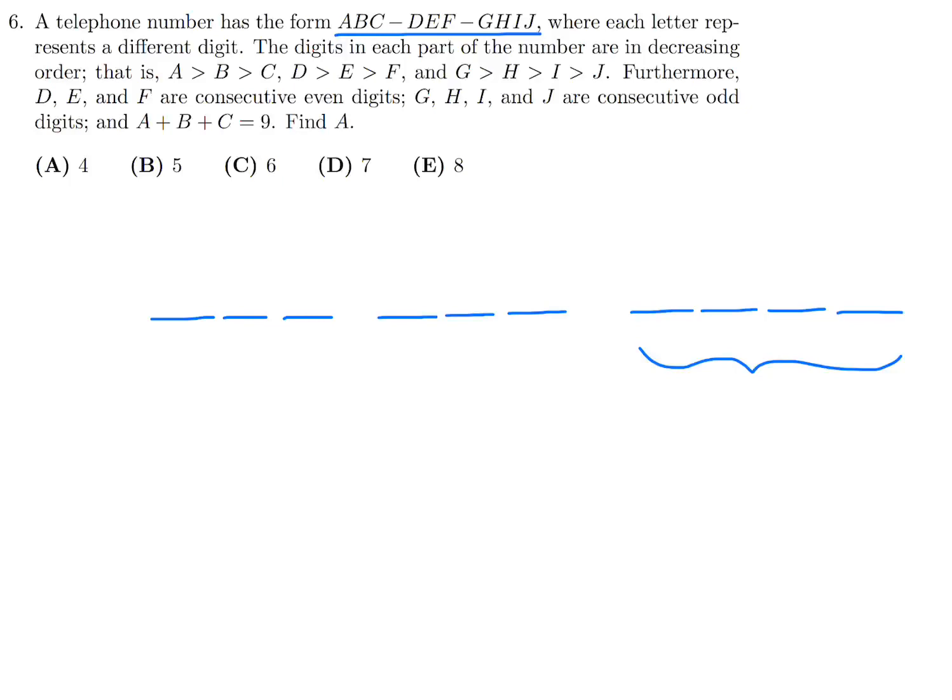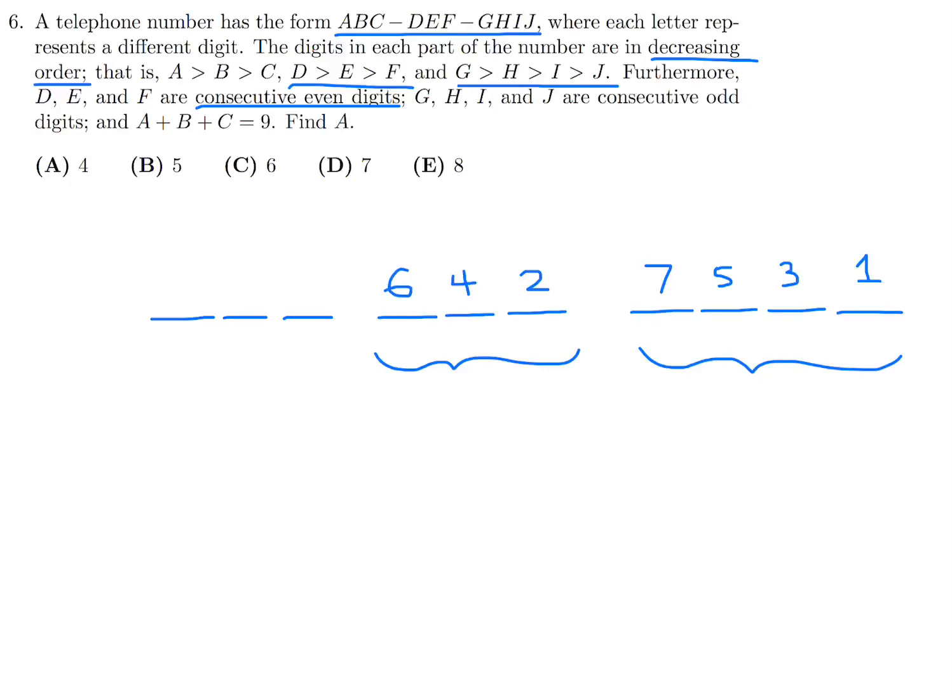So odd digits are 1, 3, 5, 7, and they have to be in decreasing order. So that's why I wrote it 7, 5, 3, 1 like that. Now let's look at the next one here. These are consecutive even digits. So 2, 4, 6, and they are also in decreasing order.